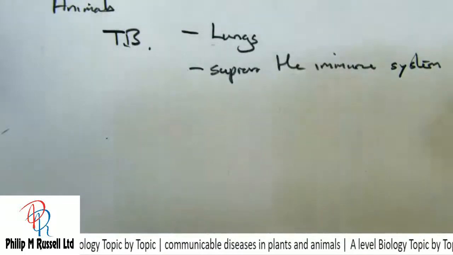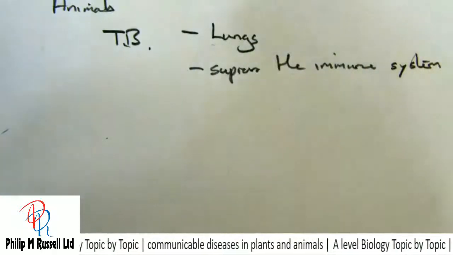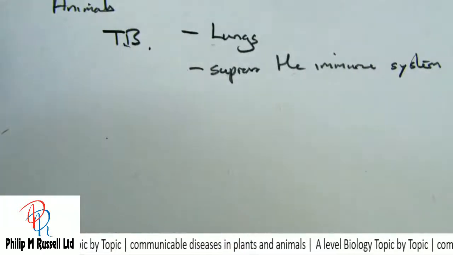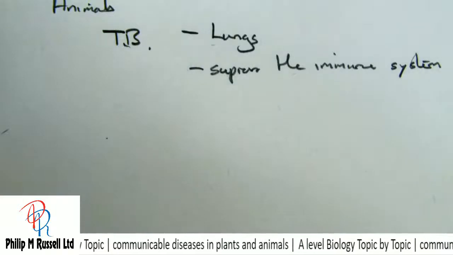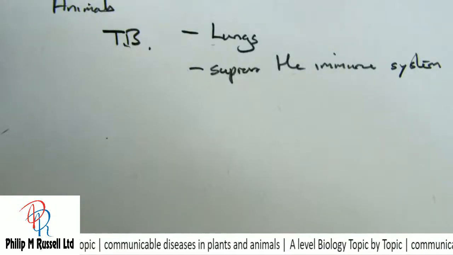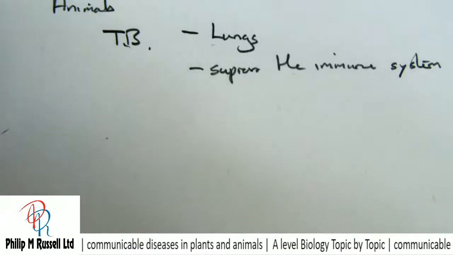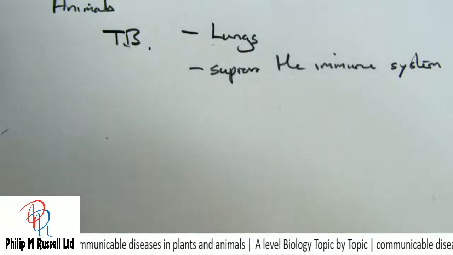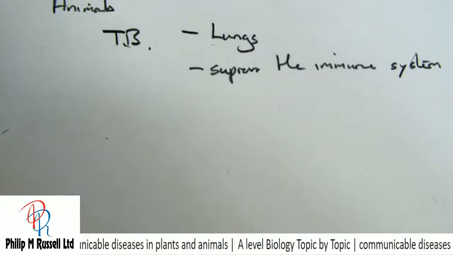In 2012, 8.6 million people had TB, and in 2012 1.3 million died. So problems with this disease, but in some ways it's not as important as some other ones which seem to be killing more people.